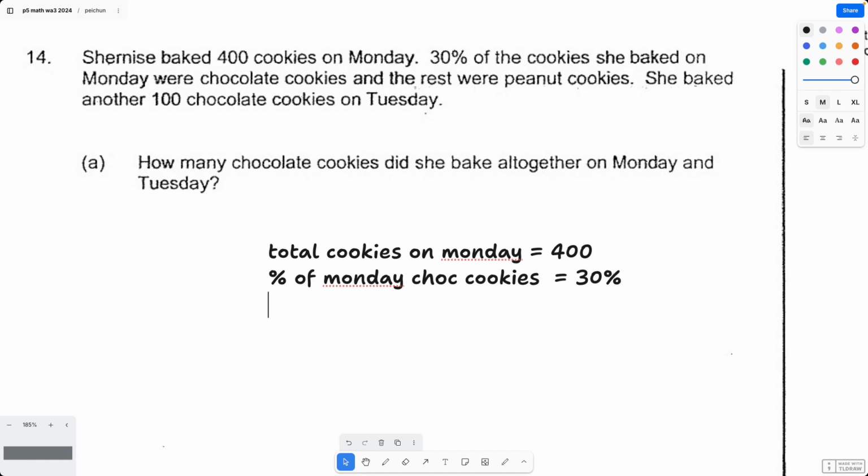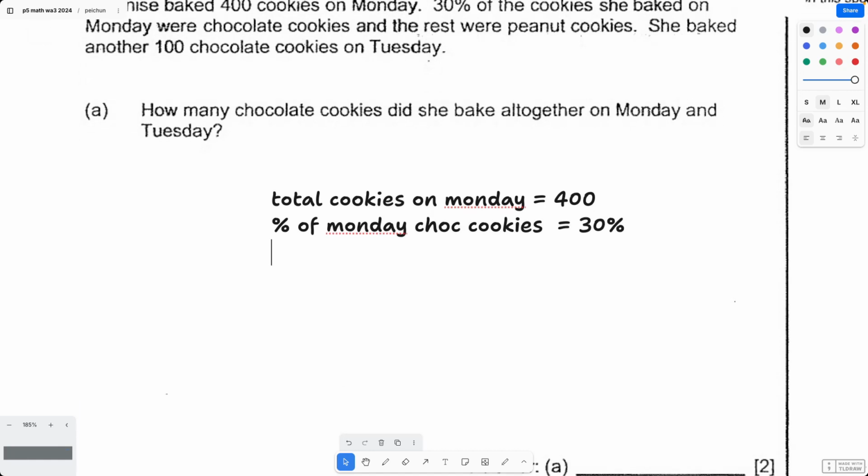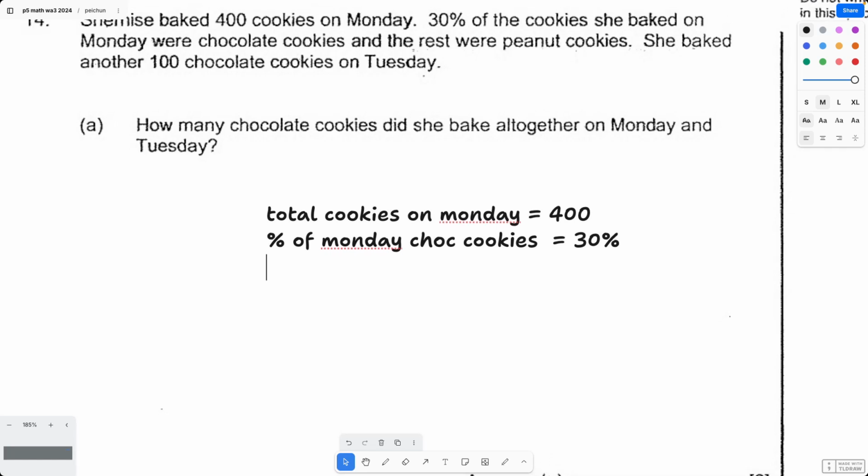That means how much are the Monday chocolate cookies? We just have 400 times 30%.